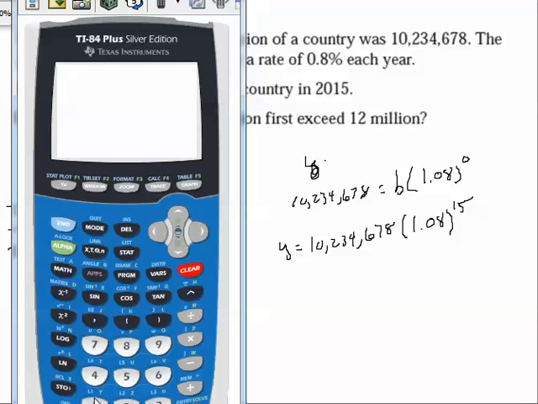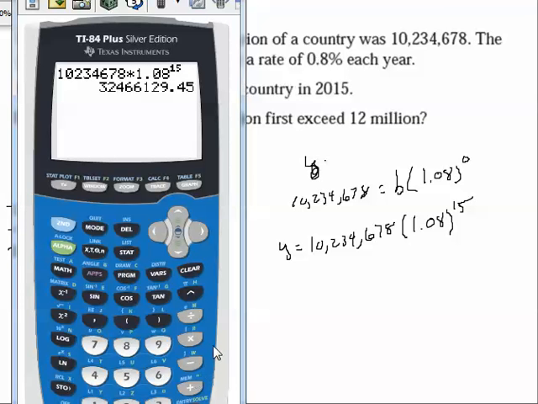So we've got 10,234,678 times 1.08 raised to the 15th power.